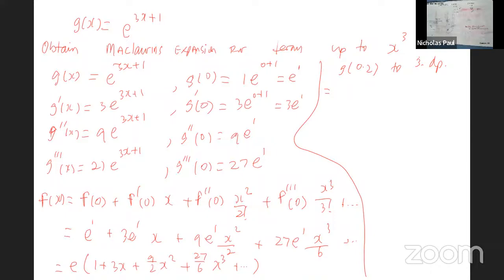Let 0.2 equal x. If you say so, we'll just do that. So that's 1 plus 3 by 0.2 plus 9 over 2 by 0.2 squared plus 27 on 6 by 0.2 cubed, right?